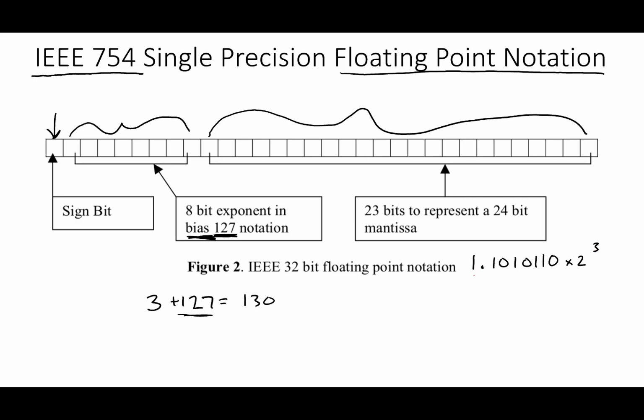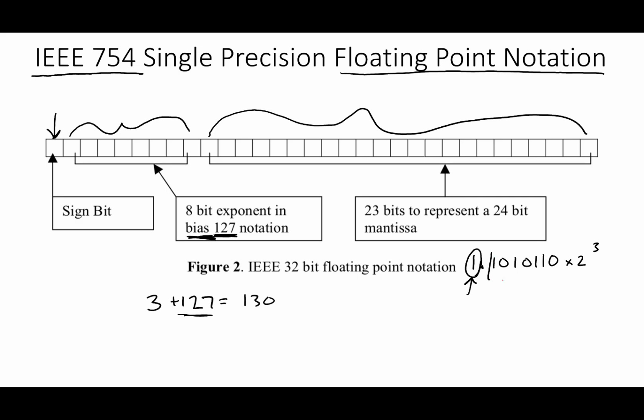Remember that if we have our number written in scientific notation, we can assume that this is always going to be 1. If we know it's always going to be 1, we don't need to put it in our number, because we would basically be wasting a bit since we already know what it is.